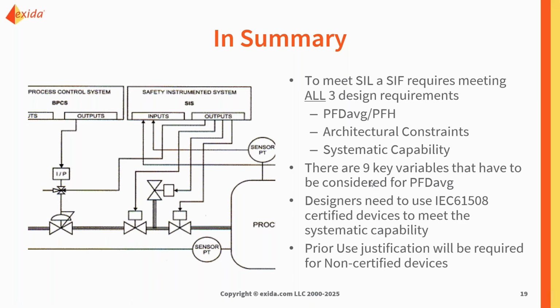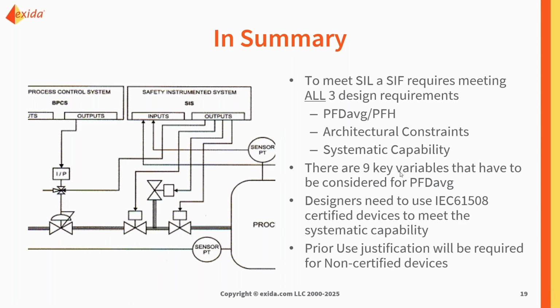There are 9 key variables that have to be considered for meeting the PFDavg, as we discussed. Designers need to use 1508 certified devices wherever possible to meet the systematic capability. There might be instances where we can't find a certified device, in which case we still have to do the prior use justification.